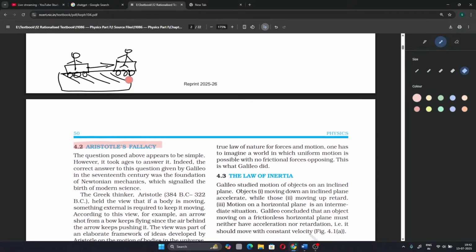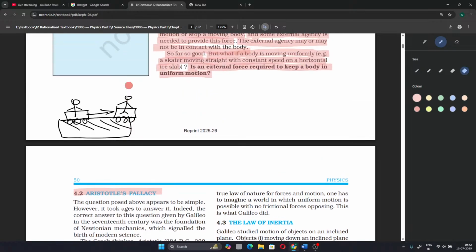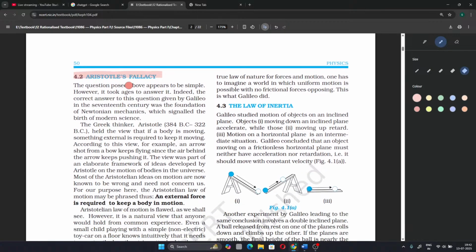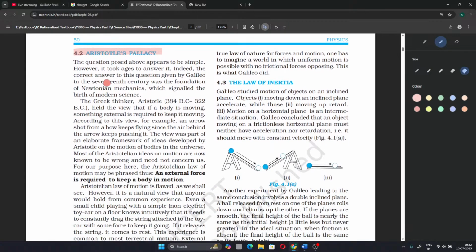The question here, they said, is: is an external force required to keep a body in uniform motion? The question here appears to be simple. However, it took ages to answer it.